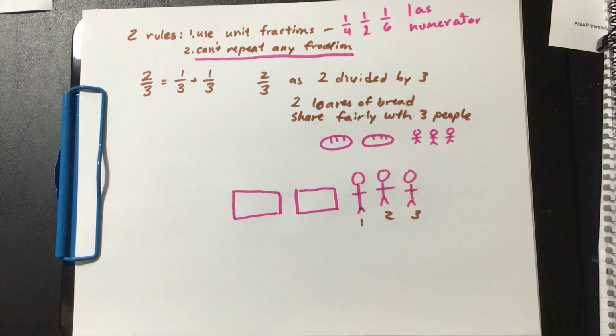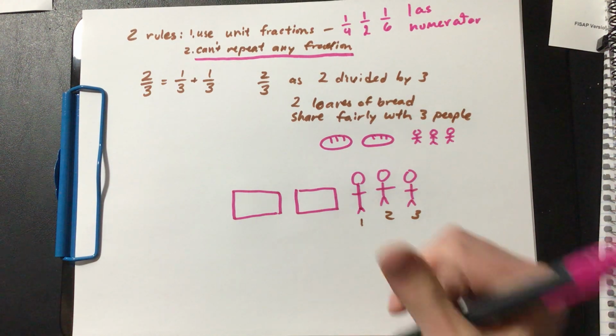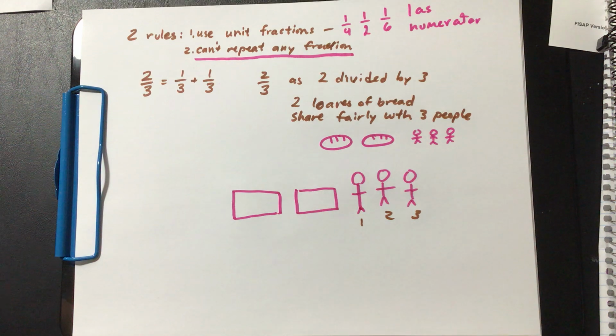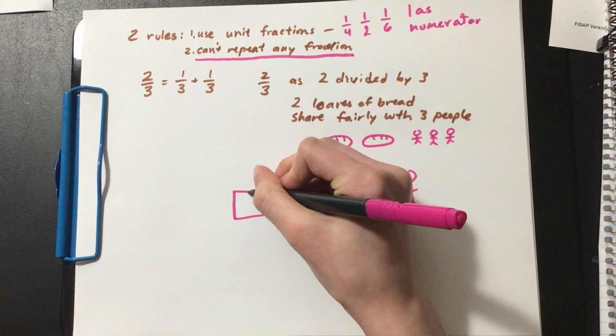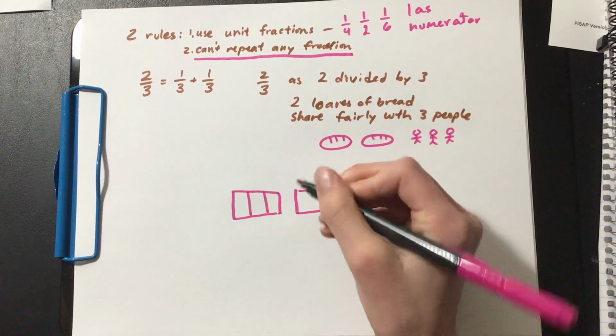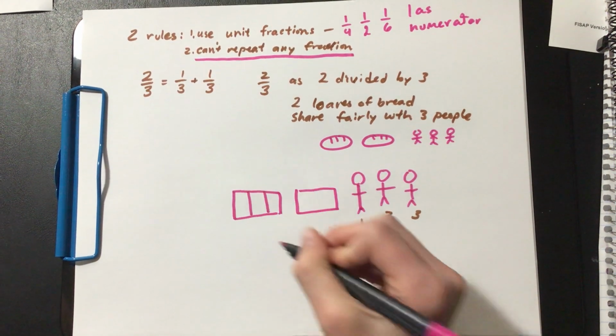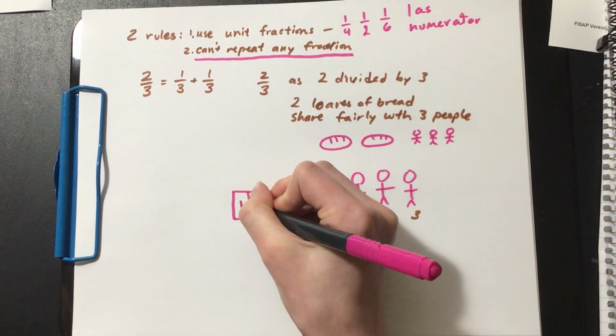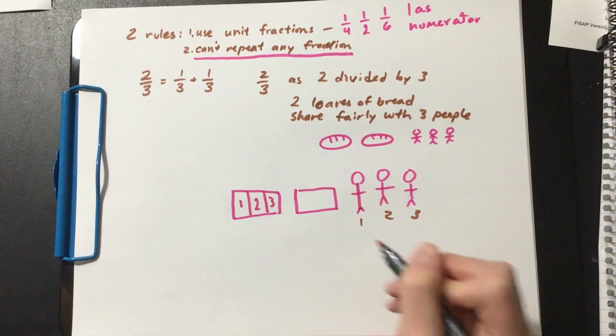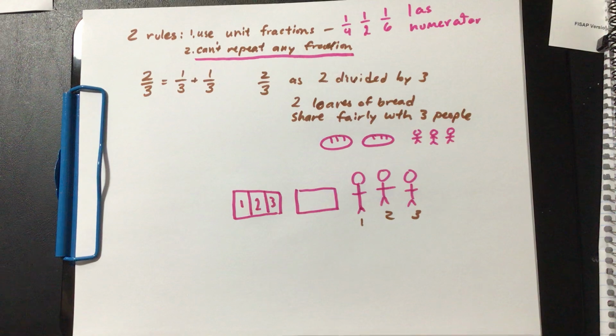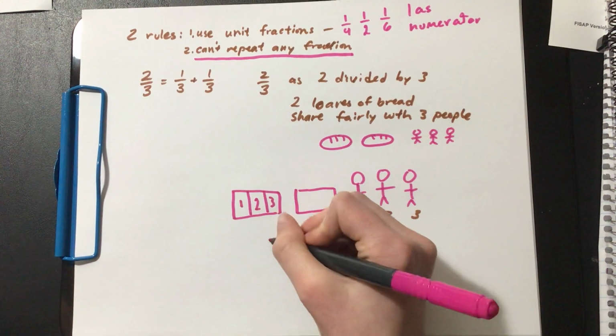Go ahead. So anyway, there are multiple ways we could solve this. Why don't you solve it one way? Okay, so we already know that everybody can get 1 piece of the first loaf. Okay. And now we can't use thirds again. Okay. So why don't we try fourths?